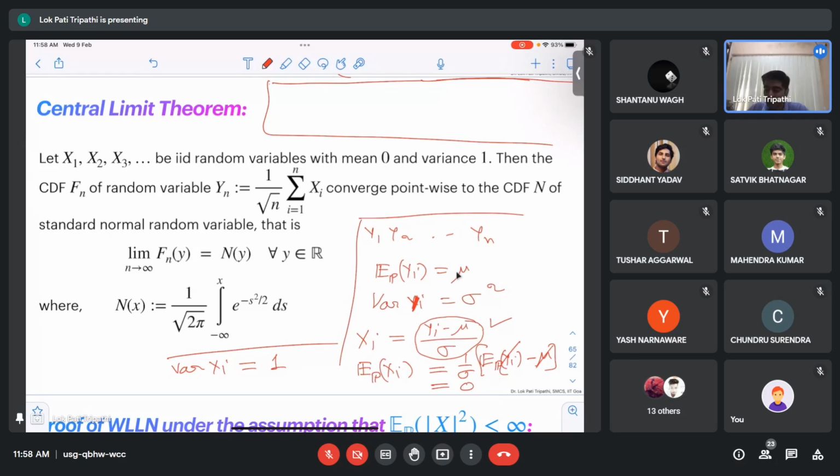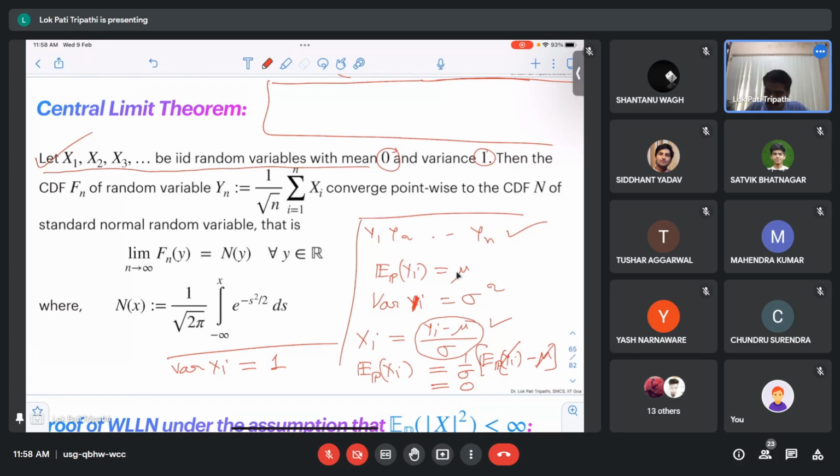So suppose you have such a collection of IID random variables, you can standardize it, and that will give you another collection of IID random variables with mean 0 and variance 1. So without loss of generality, you can assume this.